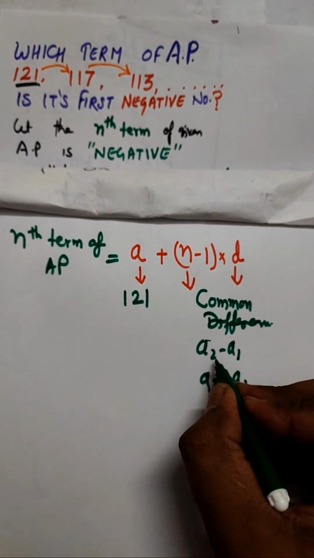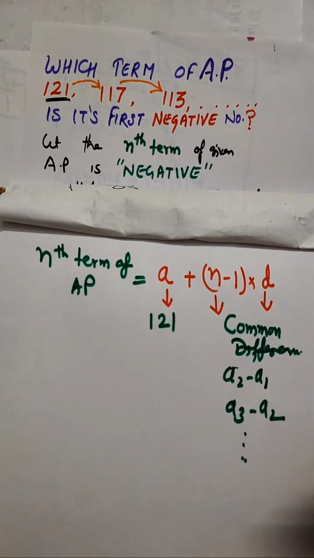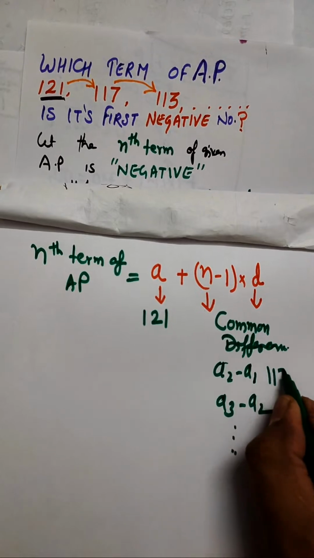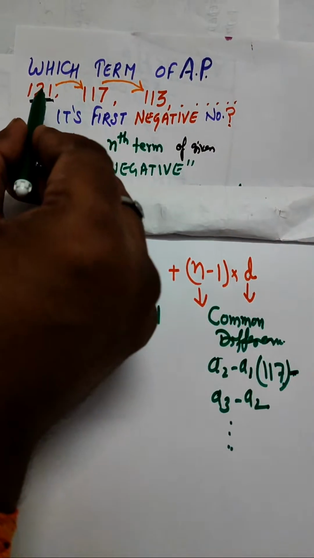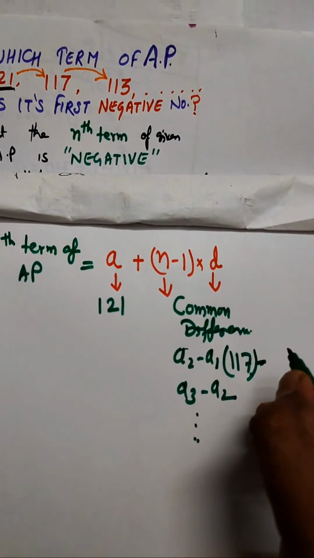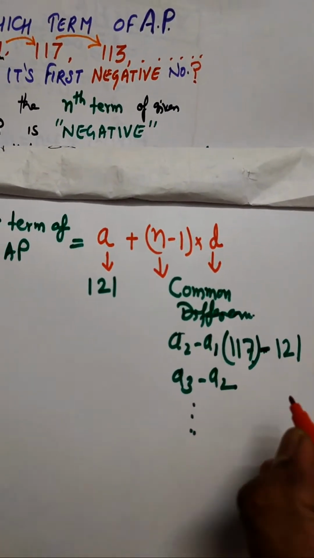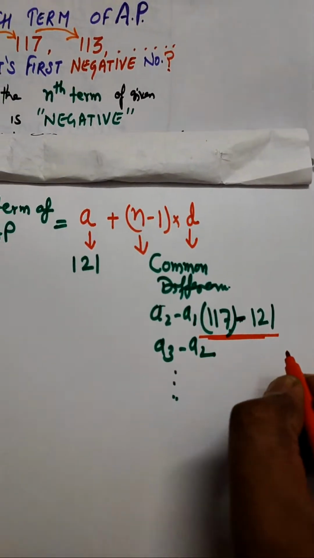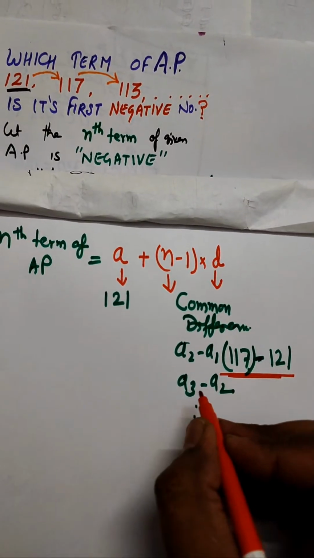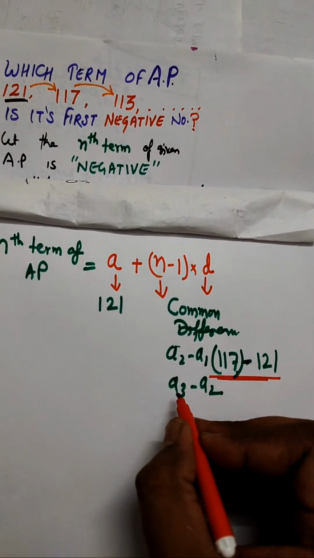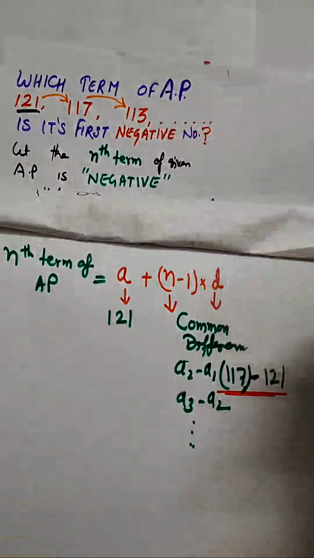So what is a2 over here? a2 is the second term, which is 117, so 117 minus the first term, which is a1, that is 121. This value will be the same when we subtract a2 from a3, right? a3 is the third term, which is 113.